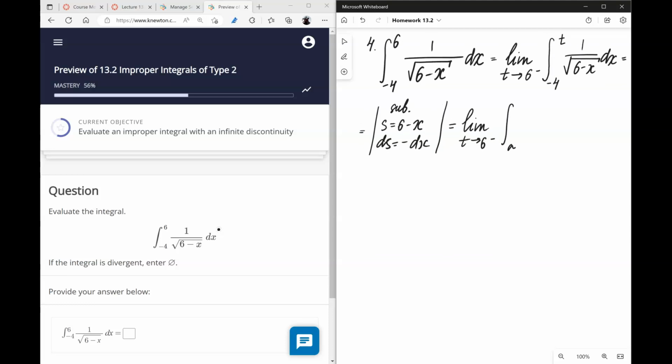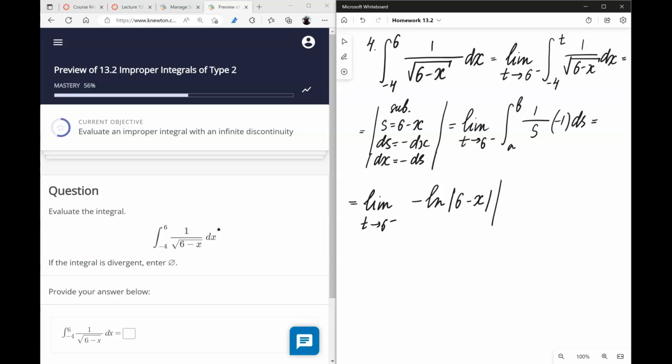Since we're doing substitution, I'm not gonna worry about the limits of integration, but we have 1 over s, and dx is equal to negative ds. So I think we can take that negative out, or we can just keep it and conclude that the antiderivative is negative ln of s, but s is 6 minus x.